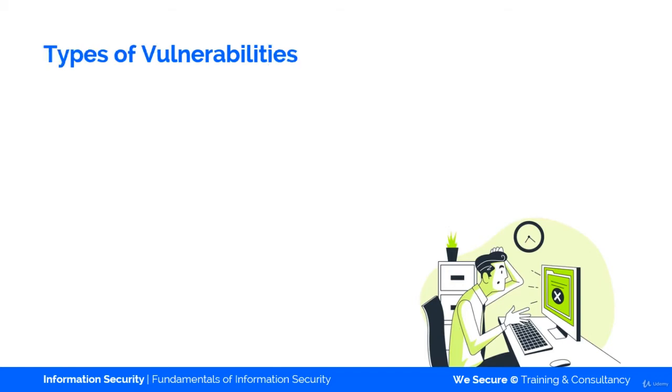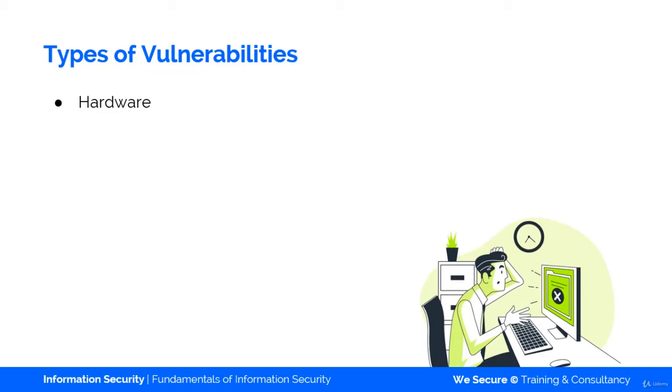Now let us see the different types of vulnerabilities. The first type can be hardware vulnerabilities, like insufficient maintenance or faulty installation of storage media, or lack of periodic replacement schemes.